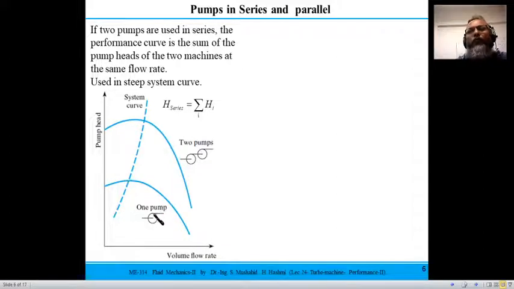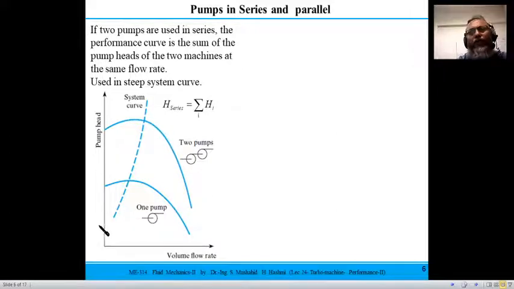If you are using two similar pumps placed in series, the total head for the combined pumps would be higher, so your performance curve would be shifted upward.